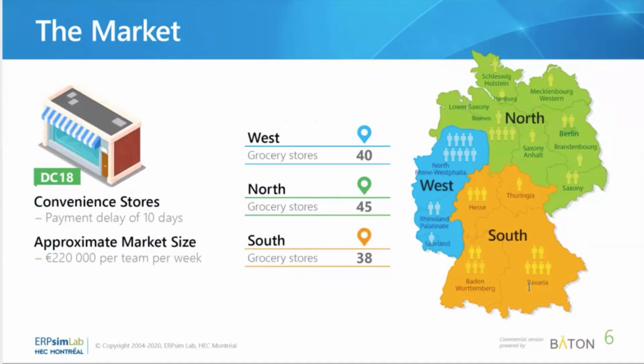And the West is kind of small, but still there are so many people, so 40 distribution stores are located. Approximate market size is 220,000 euros per team per week. So at the maximum, approximately you can sell up to 220,000 euros per team per week. That's how this simulation was designed.